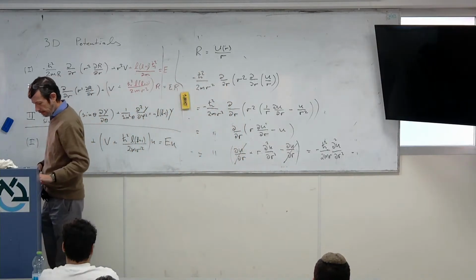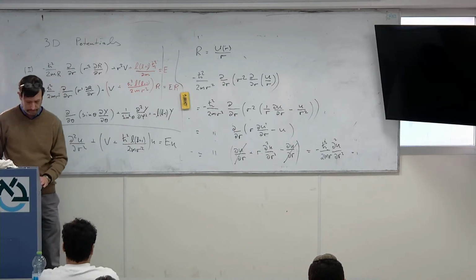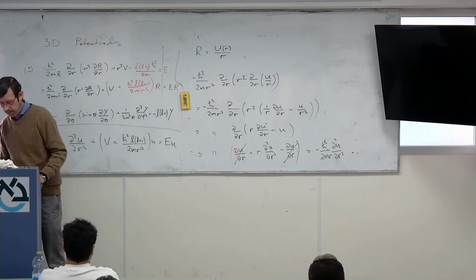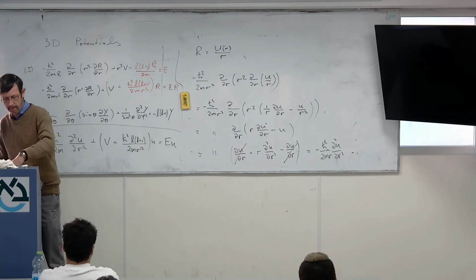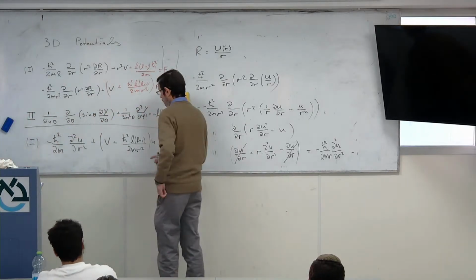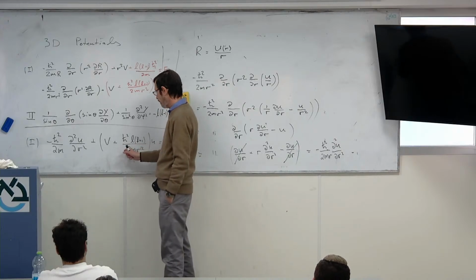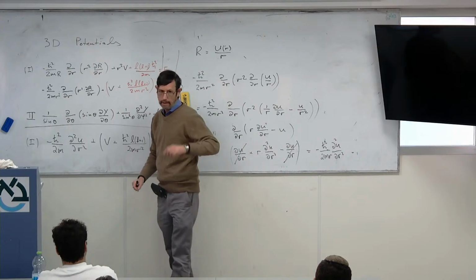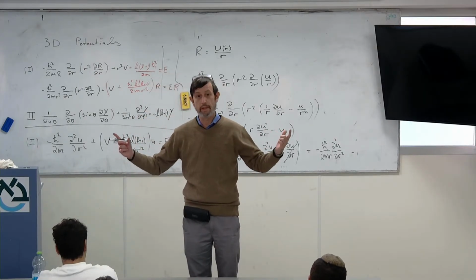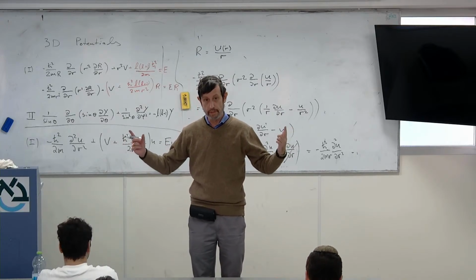The only thing that changed here is actually two things. One is the fact that we have an additional term, we have an effective potential. Second, that u is not defined between minus infinity and infinity. It's defined between 0 and infinity.